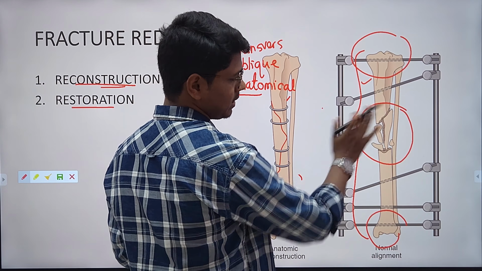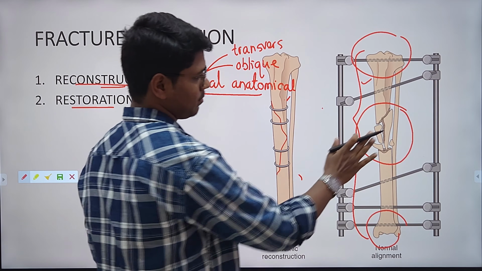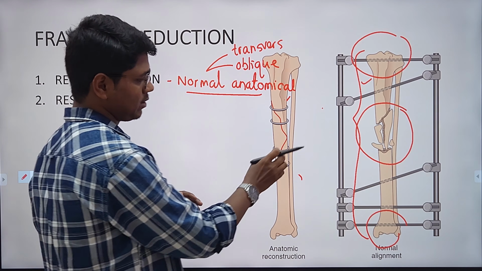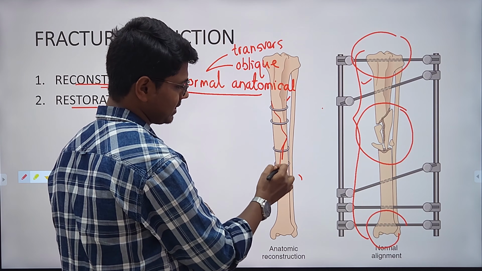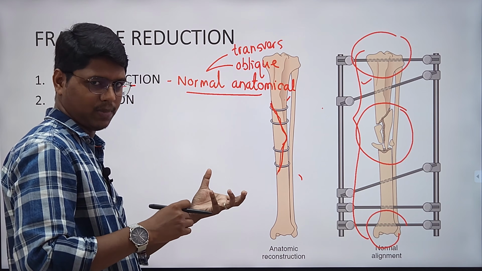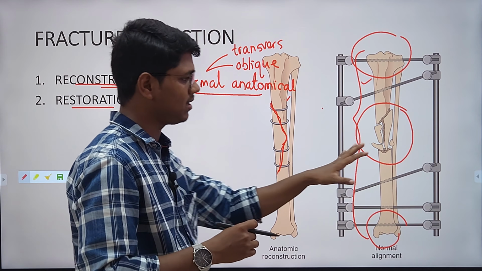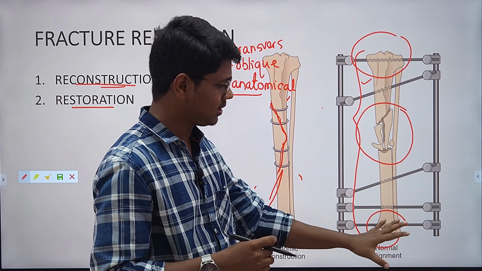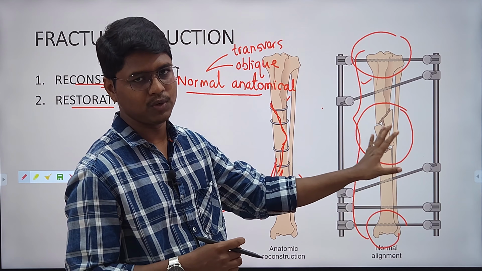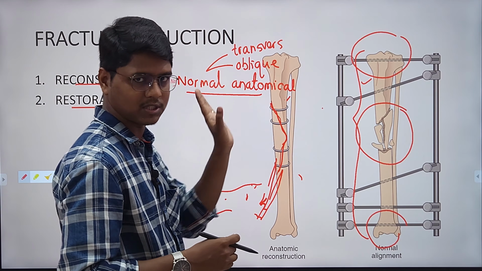Okay, we will not do any manipulation to this particular site, it will heal automatically. But here the primary objective is to make this apposition stay in its place, in anatomical configuration. Here the main objective is to restore this limb length. It will heal automatically. You do not have to do any manipulation to this particular fracture segment.